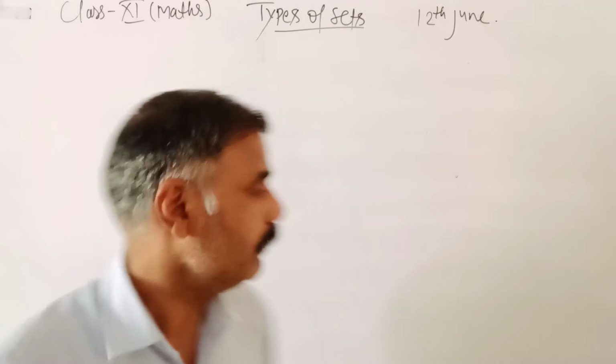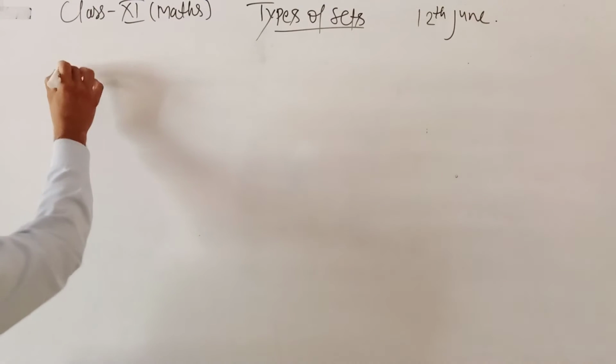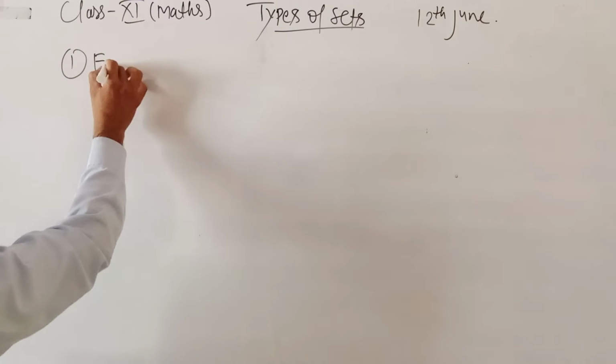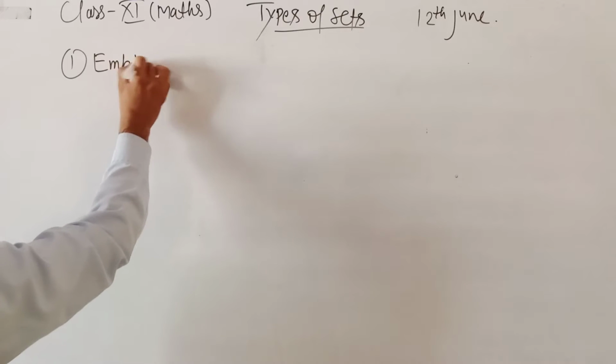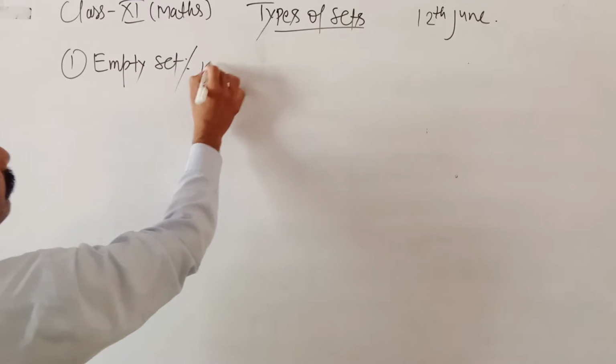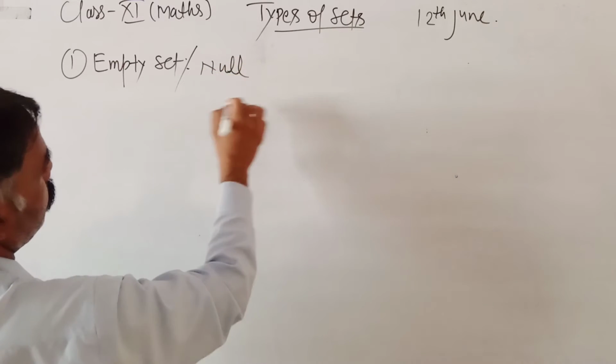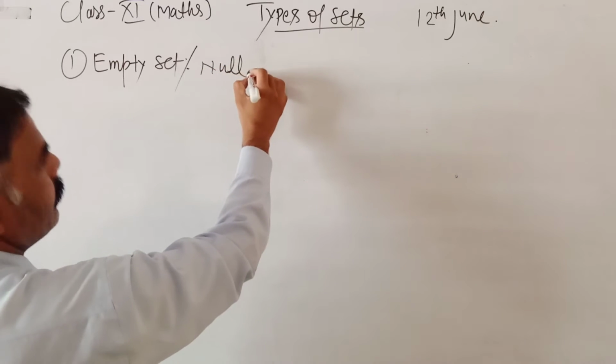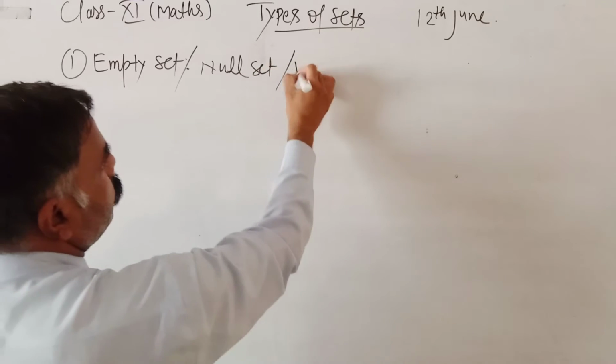So first of all we will learn about the empty set. This is also known as null set. Another name of empty set is null set or void set.